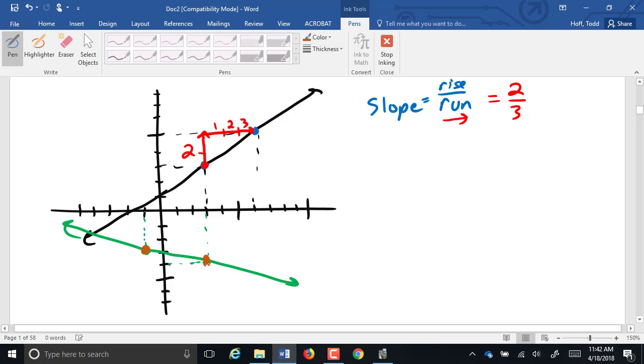Going left to right, okay, the leftmost one is this one here. We are actually rising going down 1. So that's a -1 rise. And we are running 1, 2, 3, 4. So that has a slope of -1 because it goes down 1 over 4. So -1/4 or -1 over 4 slope.